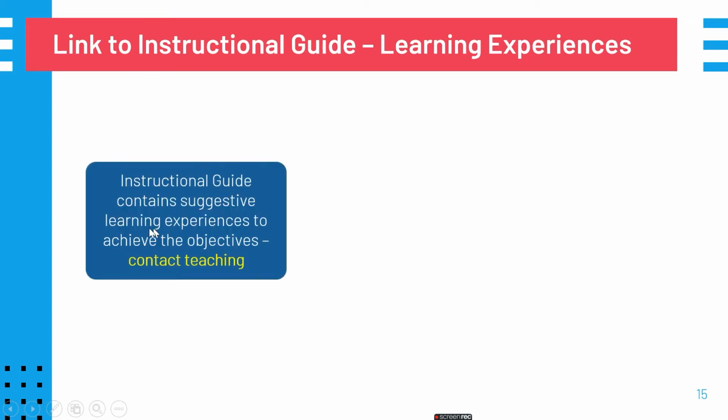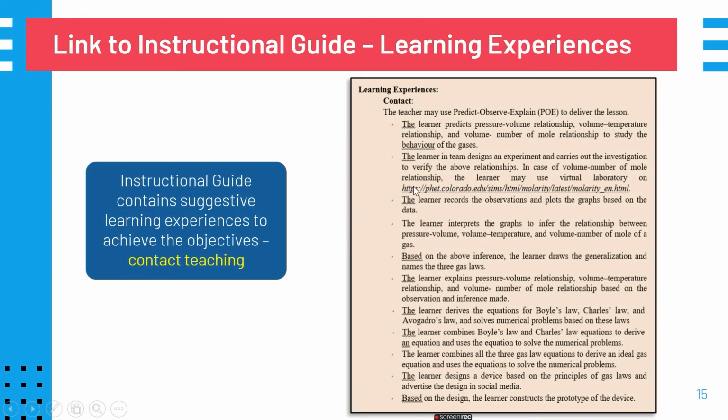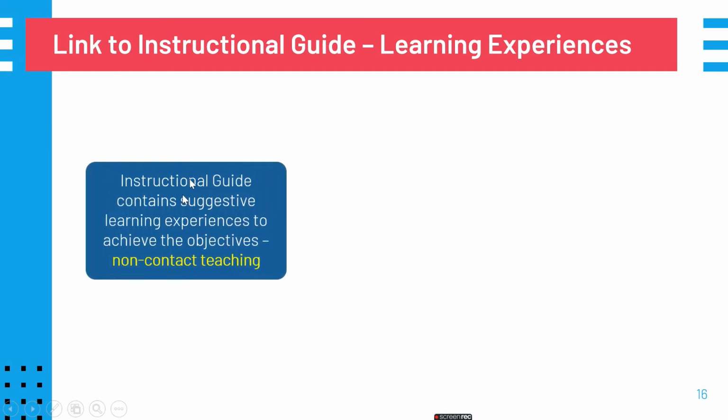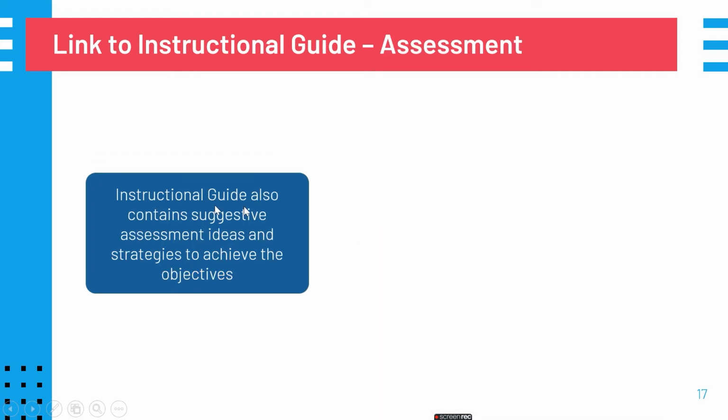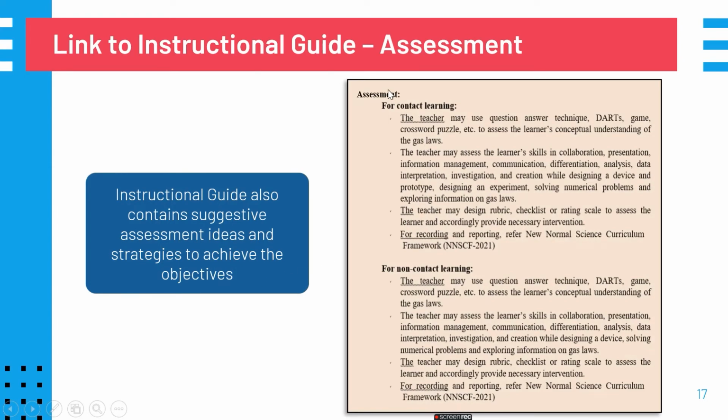Your instructional guide contains suggestive learning experiences to achieve the objectives for contact teaching, for regular, normal situations. It also contains suggestive learning experiences to achieve the objectives for non-contact teaching in situations like lockdown, etc. The instructional guide also contains suggestive assessment ideas and strategies to achieve the objectives, and you have assessment for contact learning as well as for non-contact learning.